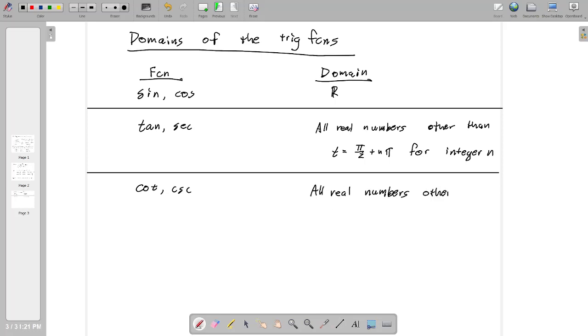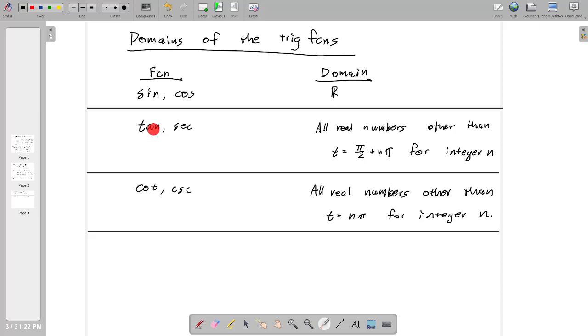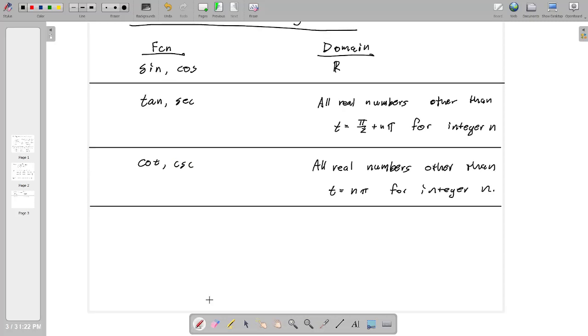It's all real numbers other than t equals n pi for integer n. Now, tangent, secant, cotangent, and cosecant have restricted domains. And this is actually because of division by 0. If you recall, we can never divide by 0, so any value that makes a denominator 0 means it's not in the domain of the function.